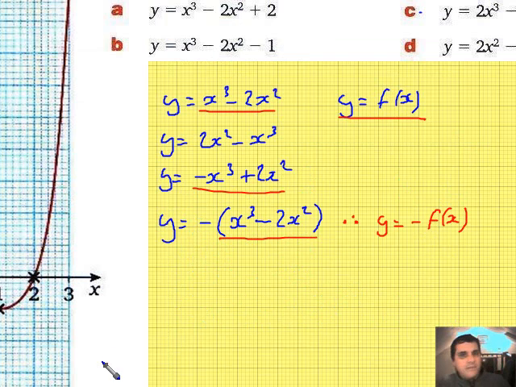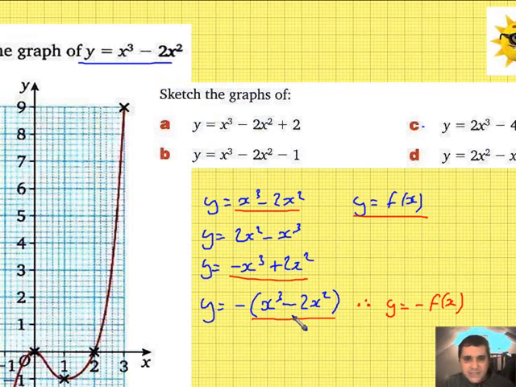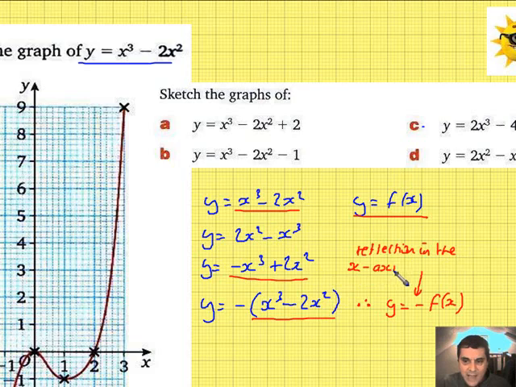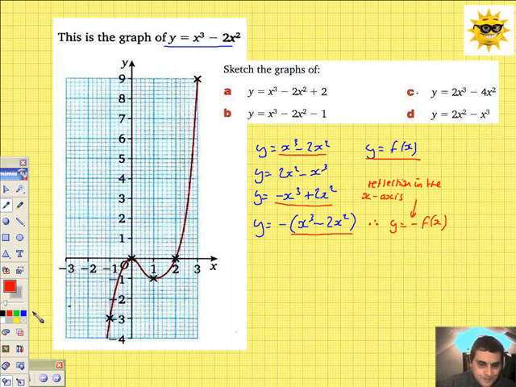See, now it becomes very clear. I take this complicated function, minus f of x compared to my original f of x, and you may recall that that minus means reflect in the x-axis. So it's a reflection in the x-axis. That's my last transformation. So it's quite easy to do.